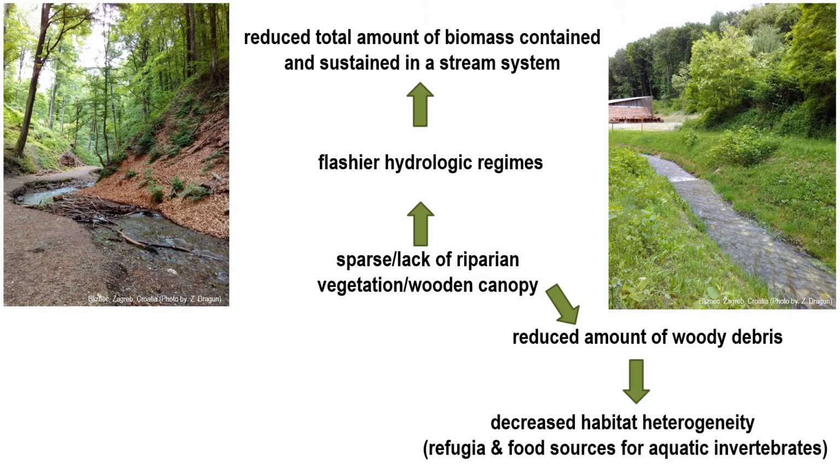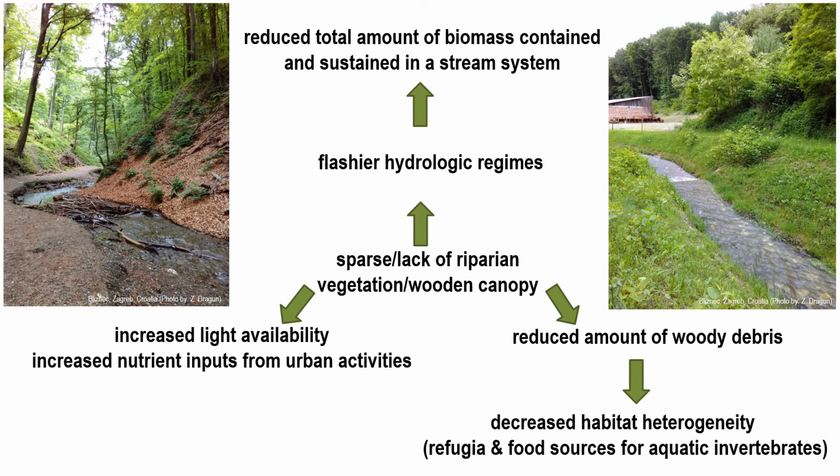In addition, streams exposed to increased light availability and nutrient inputs from urban activities promote algal growth at urban sites. Both the reduction of habitat heterogeneity in urban streams and more pollutant inputs create a physically, chemically and ecologically altered system that has consequences for the taxonomic and functional composition of resident communities, organisms.